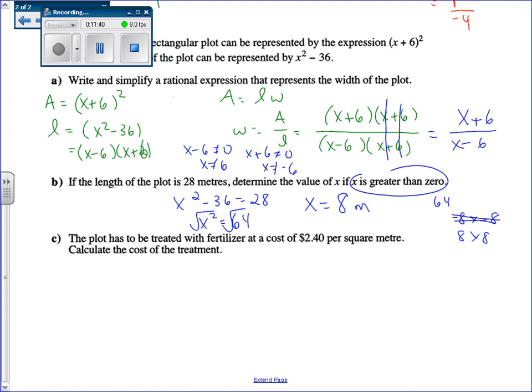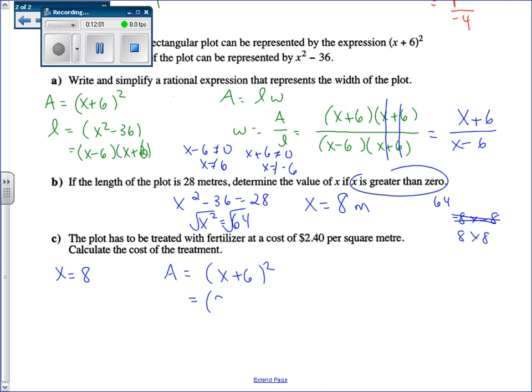The plot has to be treated with fertilizer at a cost of $2.40 per square meter. Calculate the cost of the treatment. Okay, so we're saying here that x equals 8. Okay, and area is x plus 6 squared.